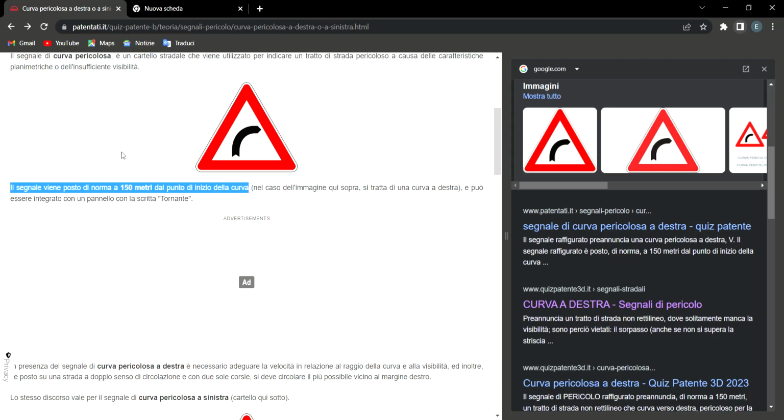What is he talking about here? He's saying that you as a driver driving on this road, 150 meters away from this sign, you are going to encounter a dangerous curve at the right hand side.